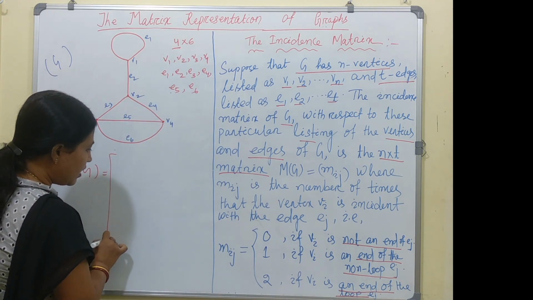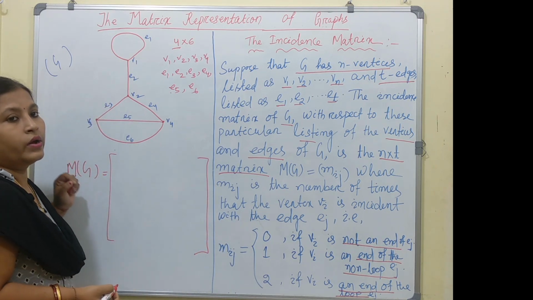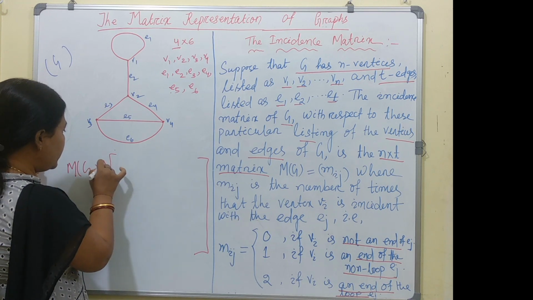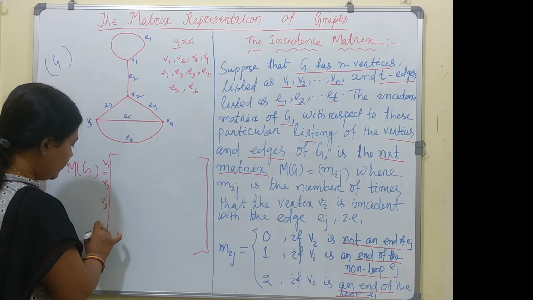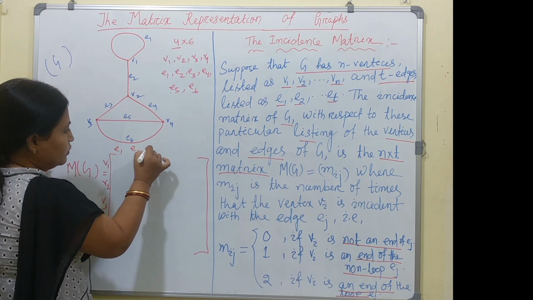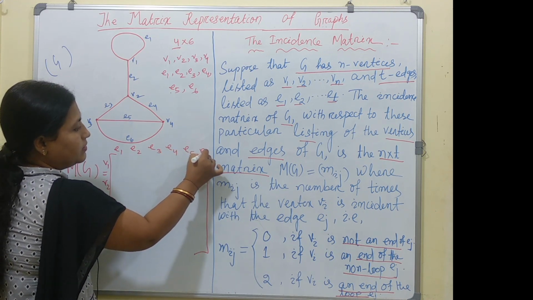So now we will find the incidence matrix of the graph. We list the vertices V1, V2, V3, V4 and the edges E1, E2, E3, E4, E5, E6.